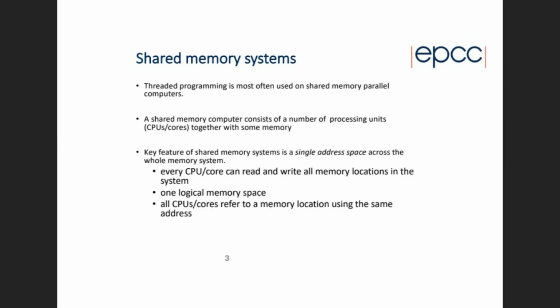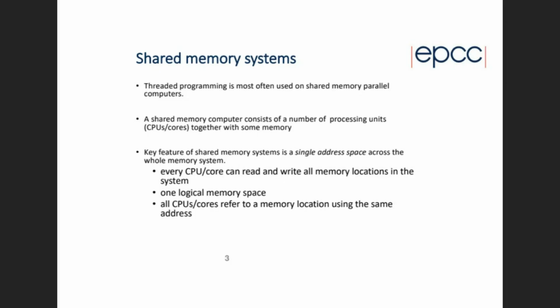But the key feature of shared memory systems is that there is a single address space across the whole memory system. So what does that mean? It means that every CPU or core is able to read and write all the memory locations in the system. Every CPU has direct access to all the memory just by doing reads and writes, or at a lower level, issuing load and store instructions.